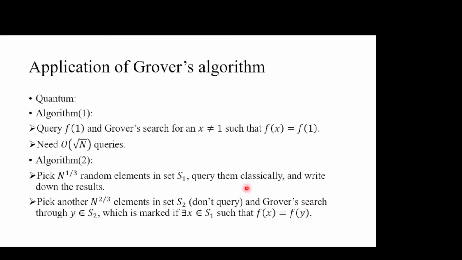So the quantum algorithm we do is first we pick n to the 1/3 items, and then we just look through all of them. We query them classically, basically, and then we write down all the results.